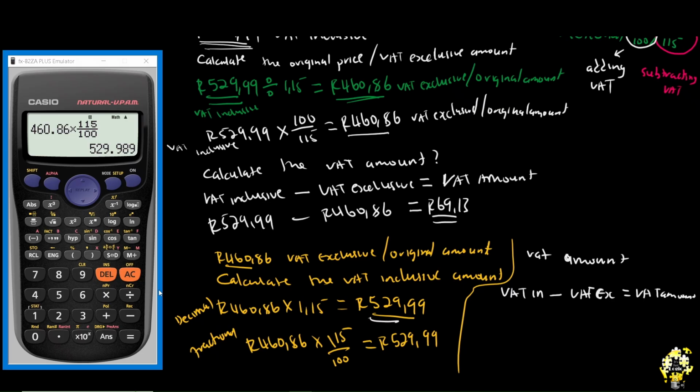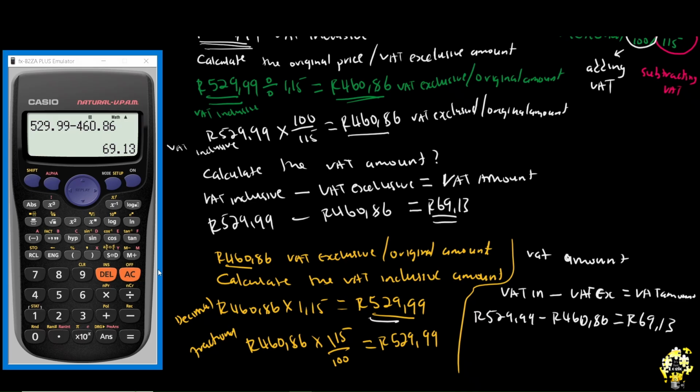It's the one that we just calculated, 529.99. What is our VAT exclusive? Well, it's the original amount, which was 460.86. When we put this on the calculator, 529.99 minus 460.86, what do we get? We get 69.13. That's how you do it.